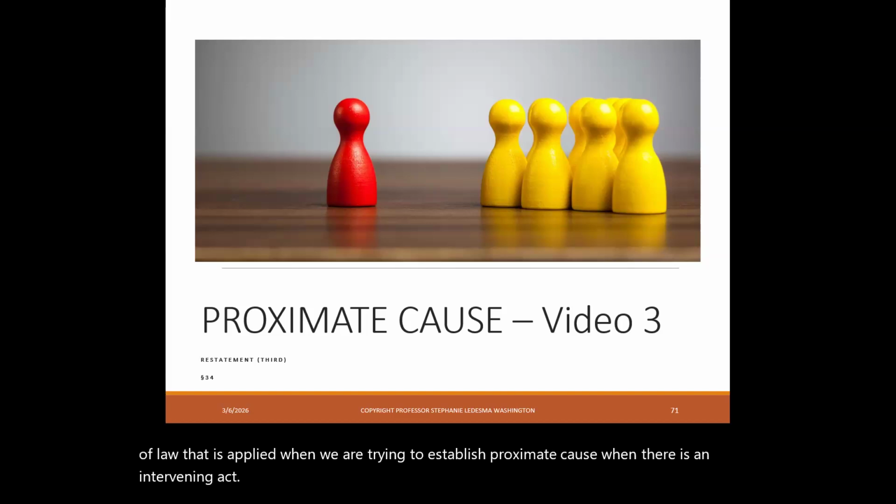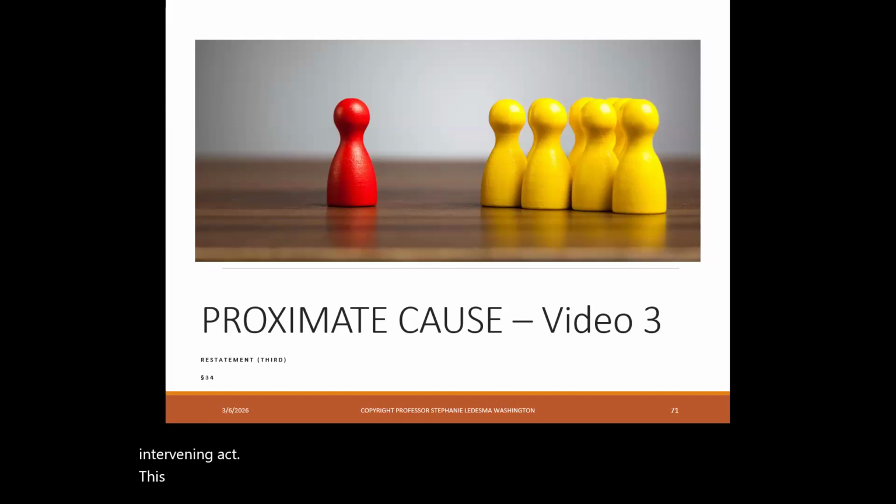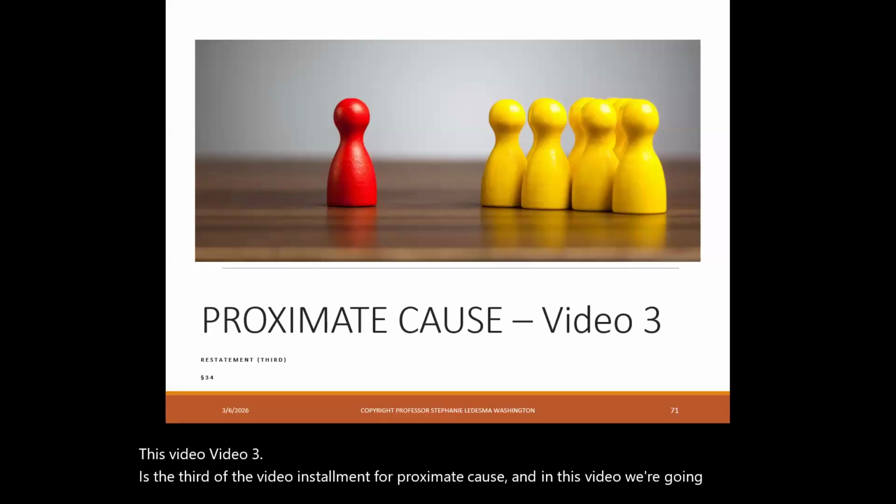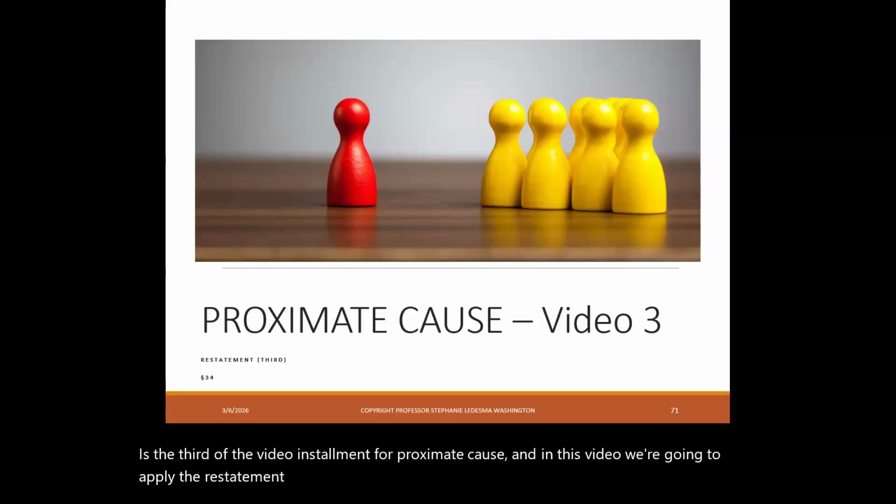This video, video 3, is the third of the video installment for proximate cause. In this video, we're going to apply the Restatement Third of Torts, section 34, to 2 additional cases to make sure that you're comfortable with the application of the doctrine.